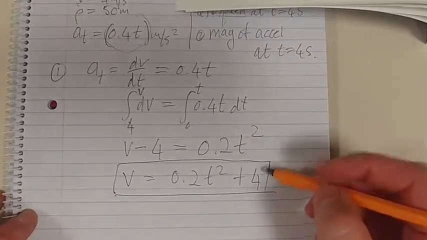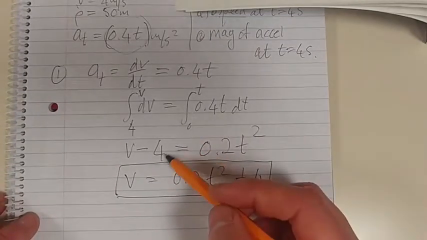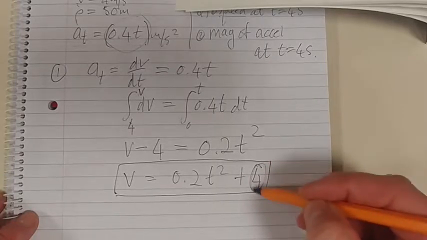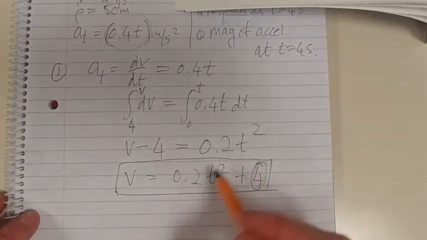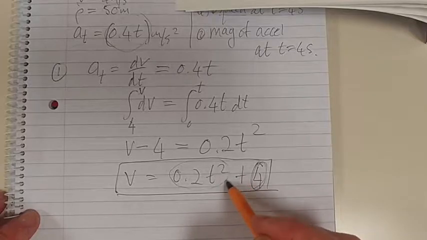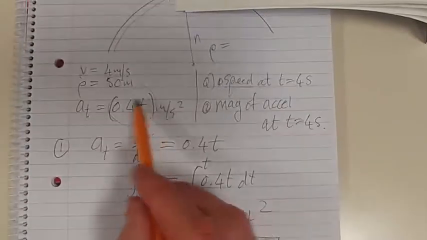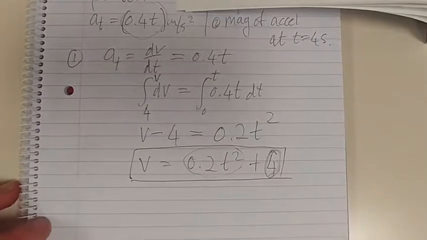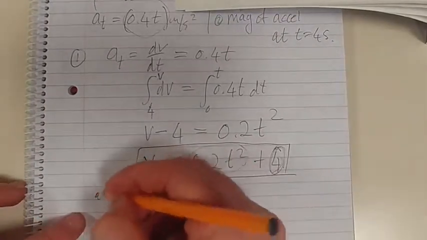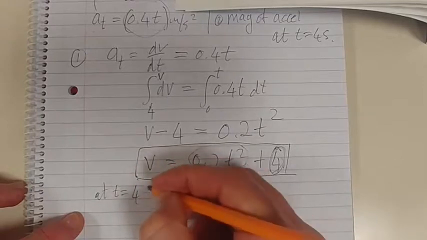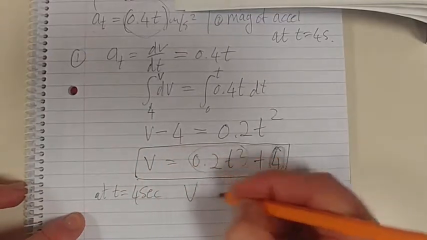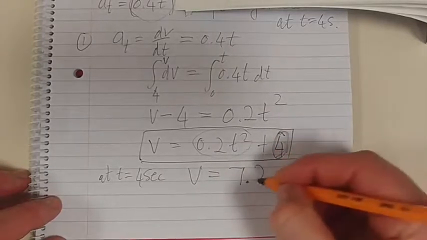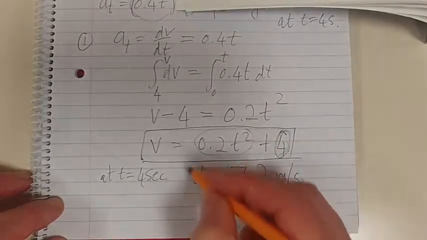It essentially starts at 4 meters per second, that's the initial velocity, and then it begins to accelerate. So at t equals 4 seconds, if you plug that in, you're going to get v equals 7.2 meters per second.